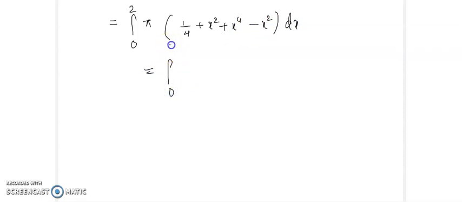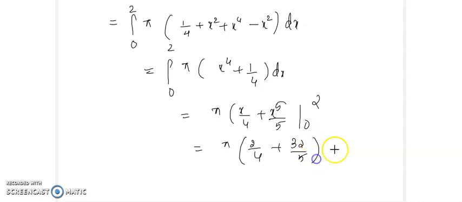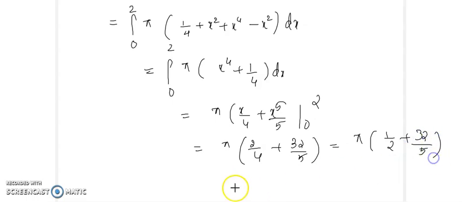So that is integral 0 to 2 pi x raised to 4 plus 1 by 4 dx. So that is pi x by 4 plus x raised to 5 by 5 from 0 to 2. So that is pi 2 by 4 plus 32 by 5. So that is pi 1 by 2 plus 32 by 5.